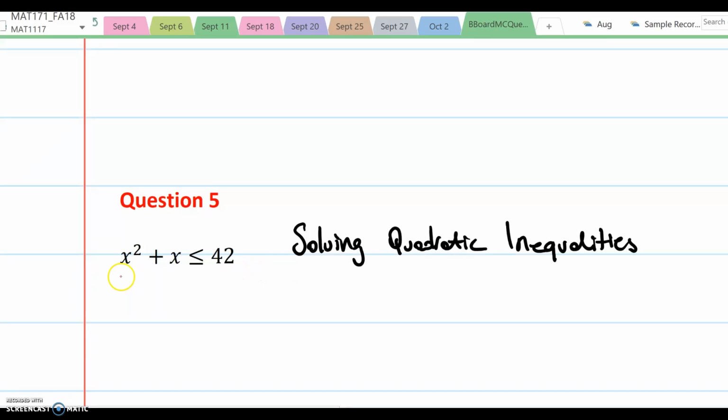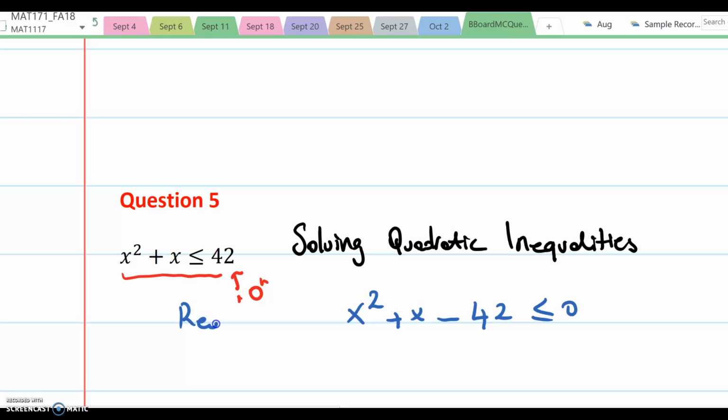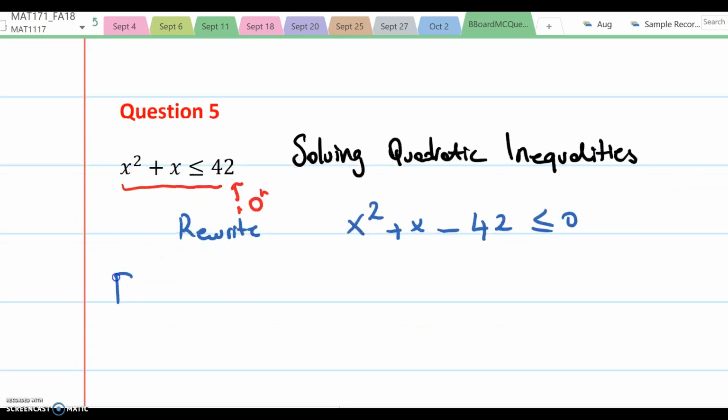When we're solving inequalities, one thing is important: we need to see 0 on one side. So let's rewrite that inequality: x^2 + x - 42. That's the first thing we need to do, rewrite. Then factor or find the zeros.